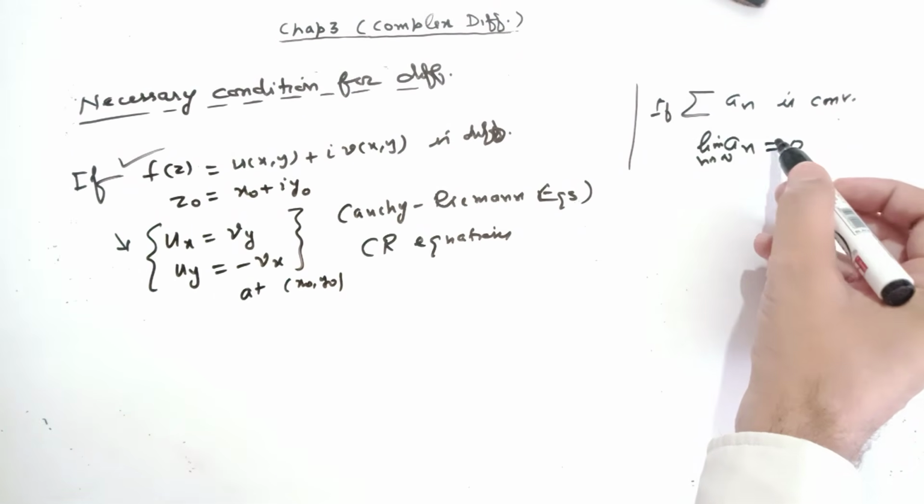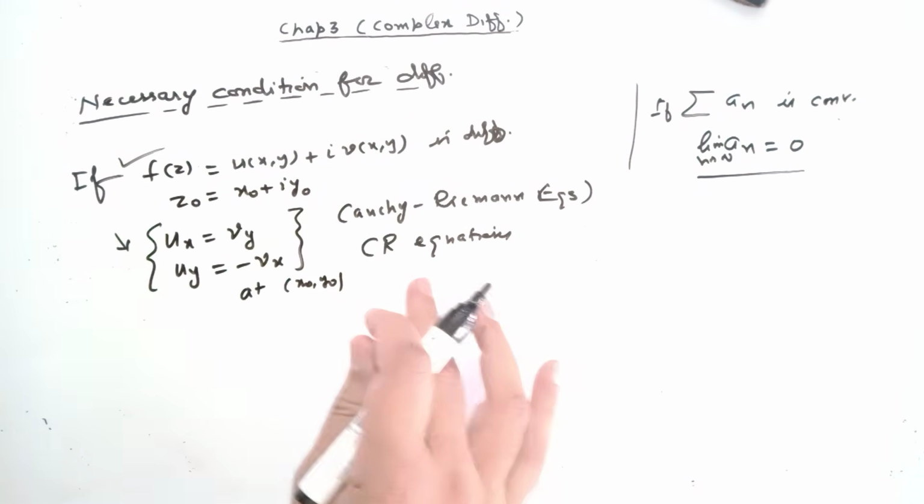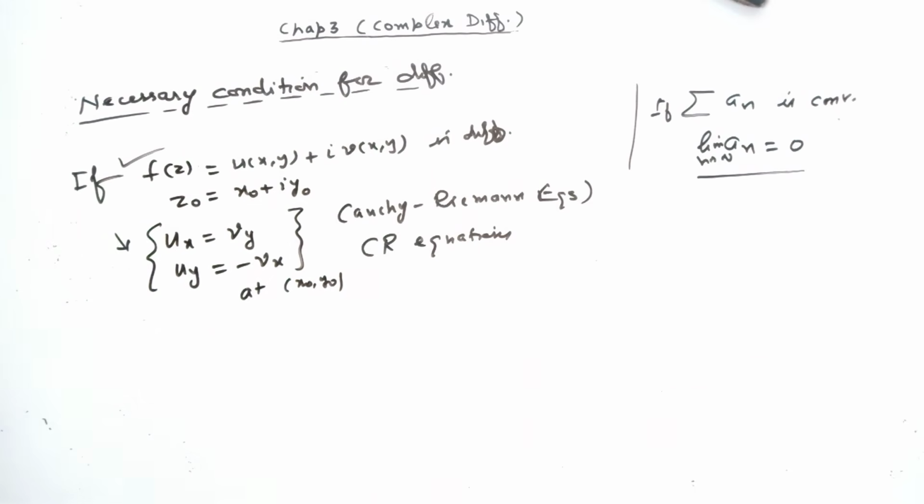So if limit of nth term is non-zero, then you say that this series is not convergent, so it's necessary condition only. But if limit of a_n is 0, you cannot say that the series is convergent. It's similar here. If CR equations are satisfied, you cannot say that the function is differentiable. So for checking differentiability, you have to go by the definition of differentiability. Okay? Don't use CR equations for checking differentiability. Alright?